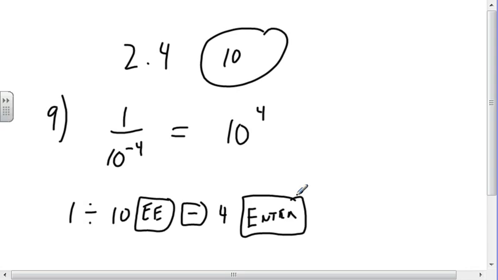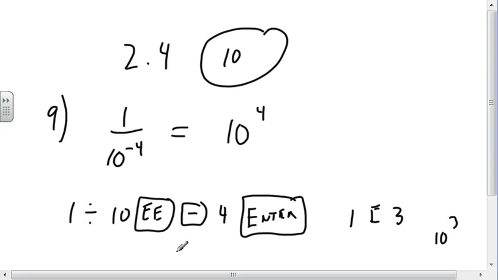Those are two different things. It gives me 1 exponent 3. So it doesn't give me 10 to the 4th, it gives me 10 to the 3rd.